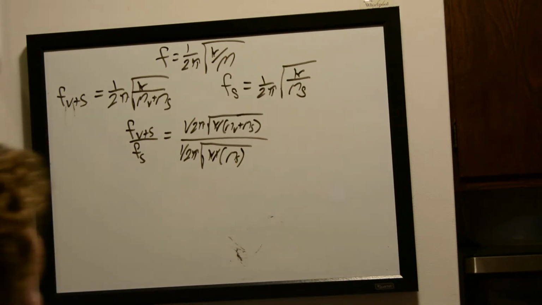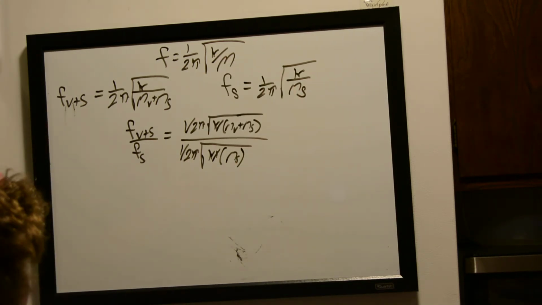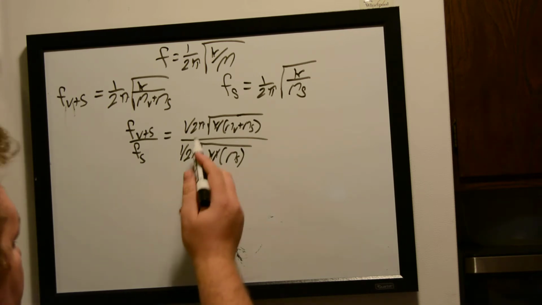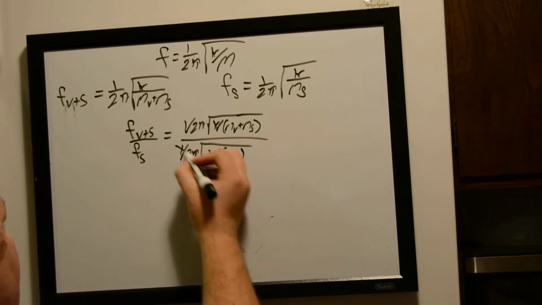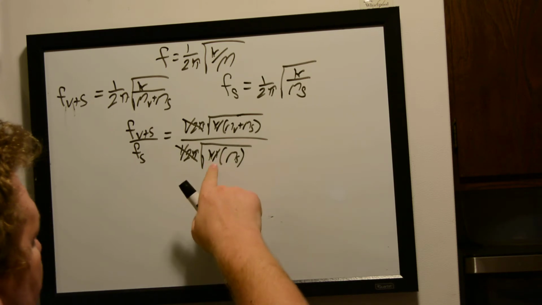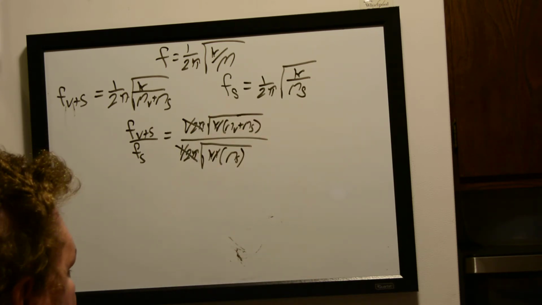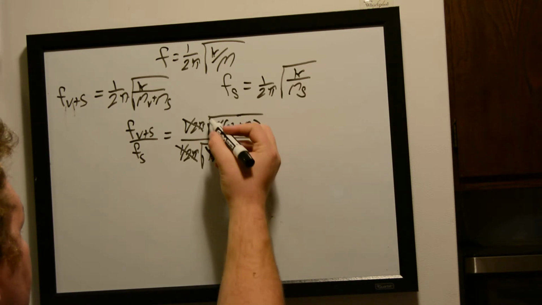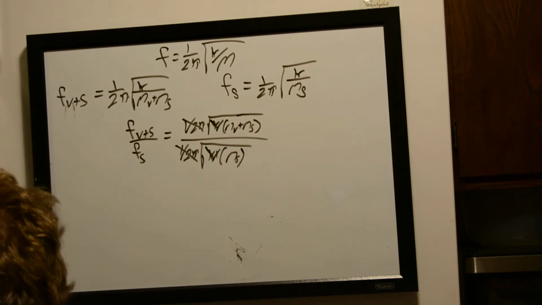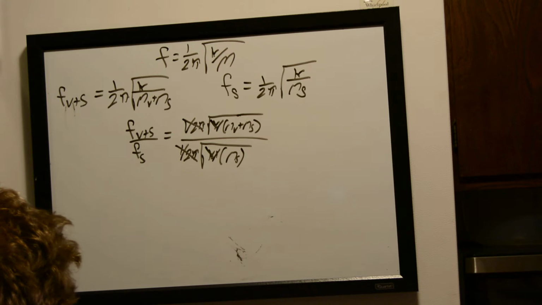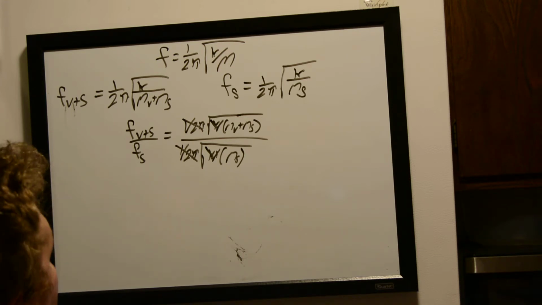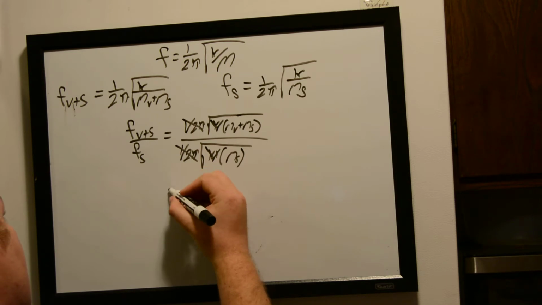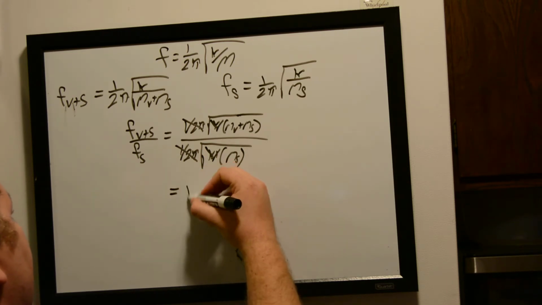Okay, so right off the bat here, we can see that our outside terms will cancel out, and then inside the radical here, our spring constants will also cancel out since they are the same value.